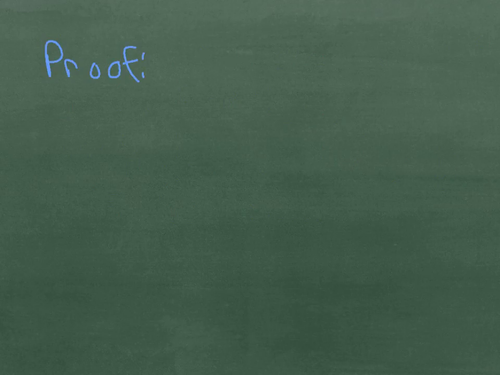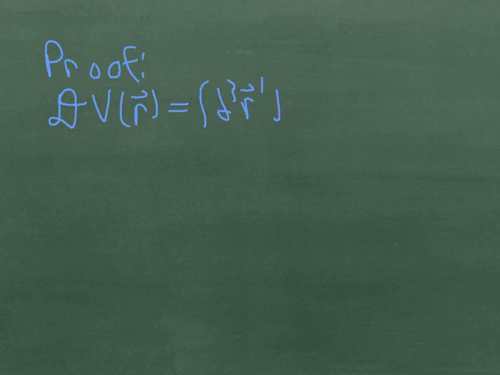Let's act with the differential operator D on V of r. D acting on V of r is equal to the integral d cubed r prime of D acting on our Green's function G of r minus r prime, times f of r prime.